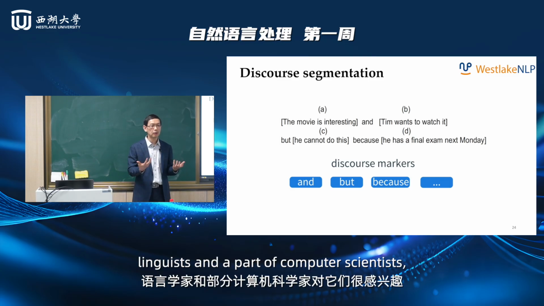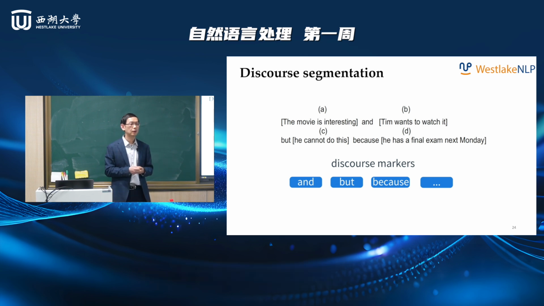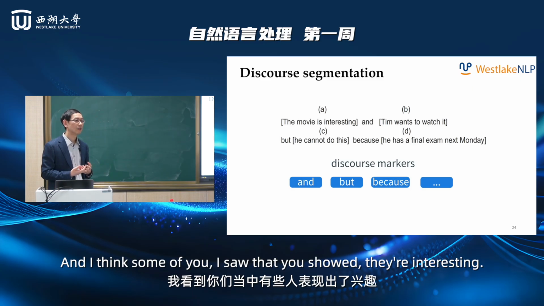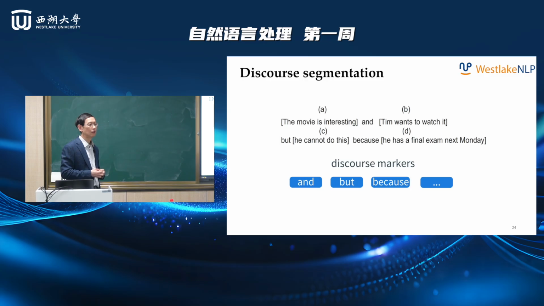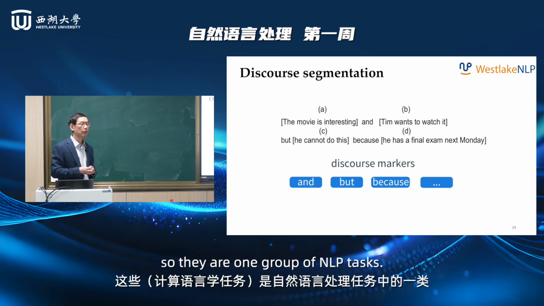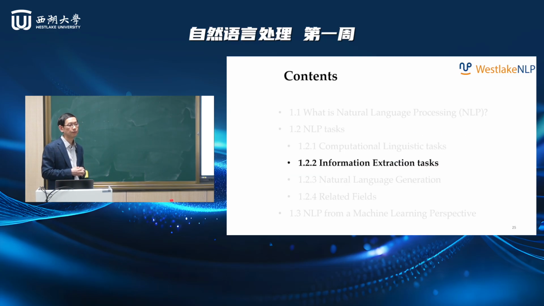Linguists and a part of computer scientists are interested in those tasks. And I think some of you showed that they're interesting. Some other students in the classroom did not show much interest in them. So they are one group of NLP tasks. Let me show you a second group of NLP tasks.